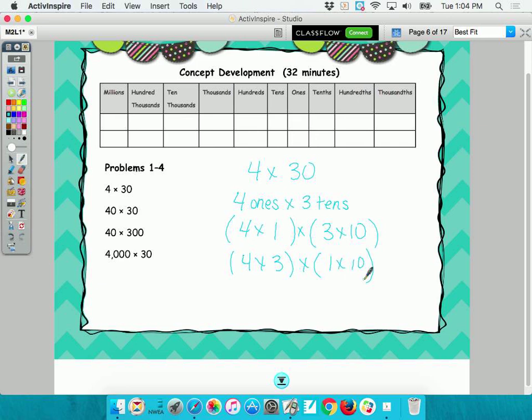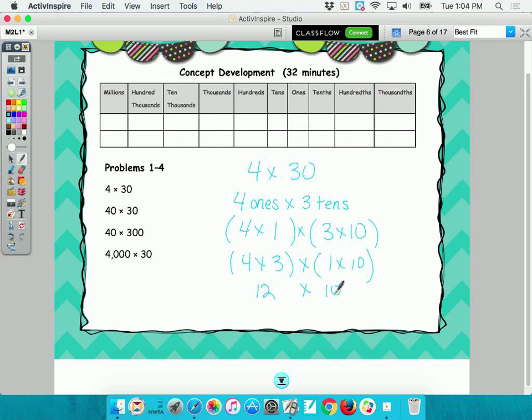You're going to use this when you get in pre-calc and all those others. If you isolate the 4 and the 3, that means you can multiply them and make a 12 out of them, right? So all I did was I took the 3 and I moved it with the 4, and then I took the 1, moved it with the 10. Now I'm just going to multiply 12 times 10.